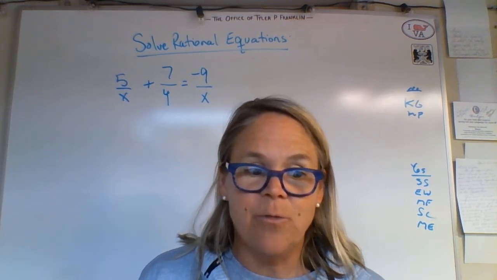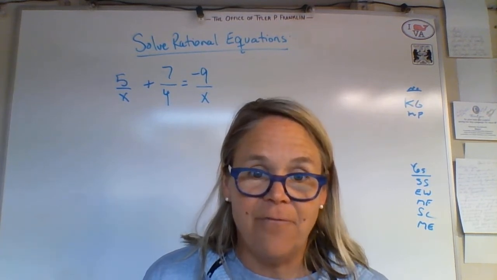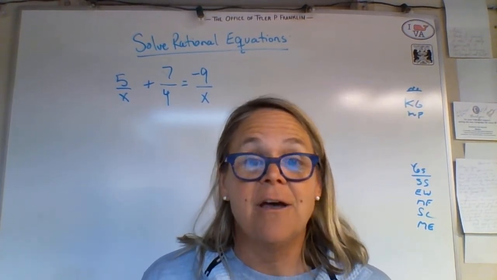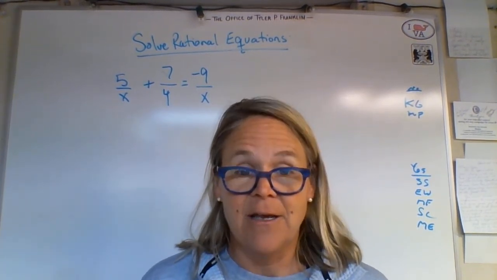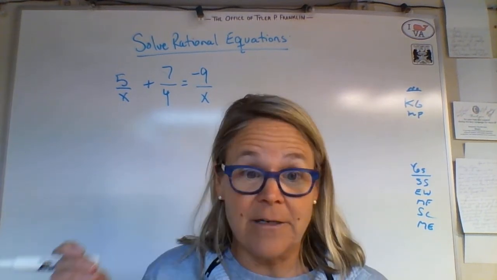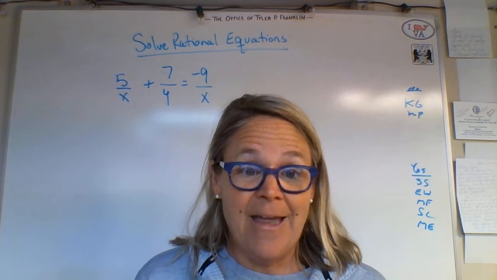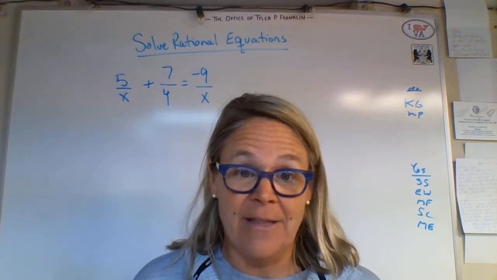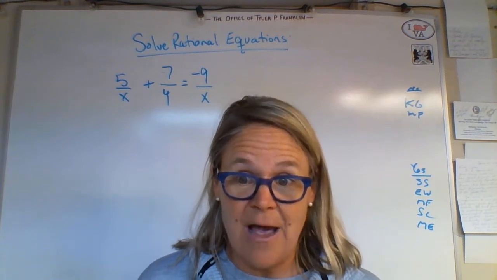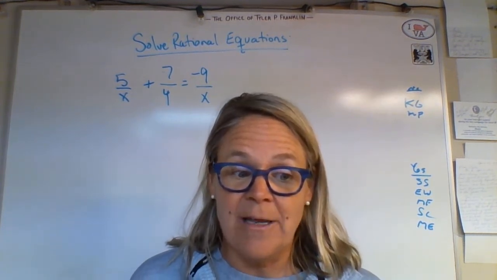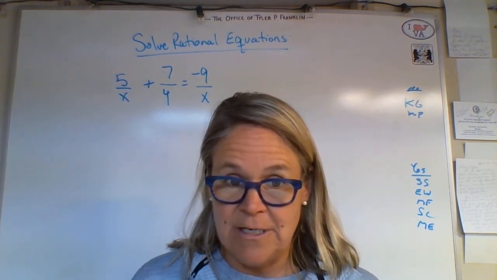An x. What do I need to get rid of a 4? A 4. So what do I need to get rid of both of those? 4 times x. So I'm going to put, sort of like the complex fractions, 4x over 1 and distribute that to every term in the whole problem on both sides, and think of what this is doing is crossing out your denominator.